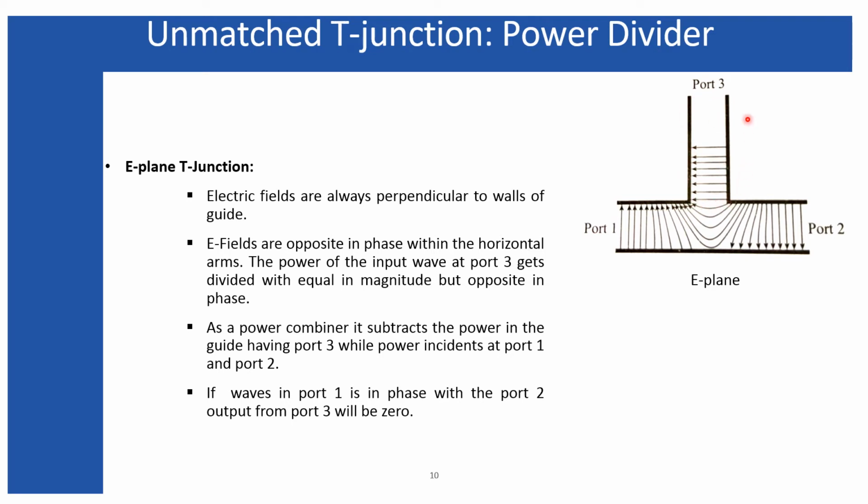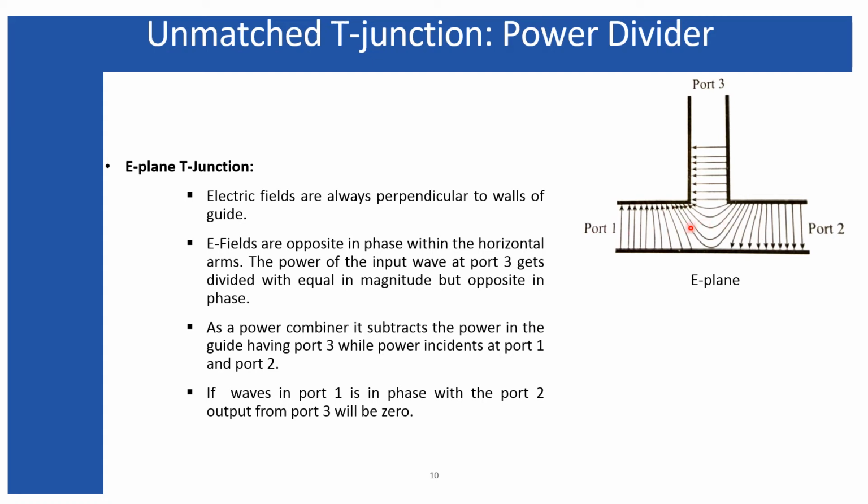So this is one waveguide, this is another waveguide, and this one is another waveguide. The input available at port 3 will be divided and will be available from port 1 and port 2, while their corresponding electric field will be perpendicular to the walls of the waveguide. You can see from here.